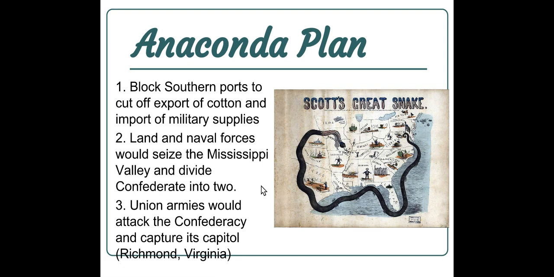So we were going to try to suffocate them out. The snake image kind of caught on to a lot of people with Winfield Scott's plan. And because of this proposal, it gave the proposal its popular name.